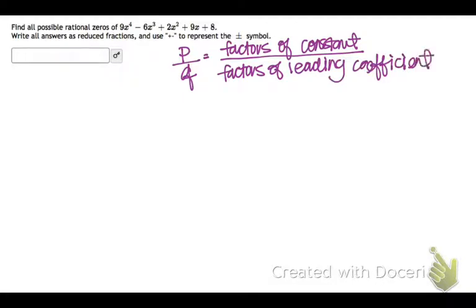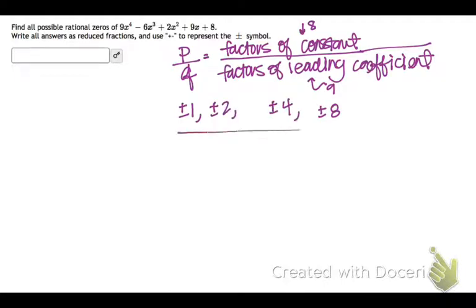In this case, the constant is 8 and the leading coefficient is 9. So factors of 8 are going to be 1 and 8, 2 and 4. Factors of 9 are going to be 1 and 9, and then 3.